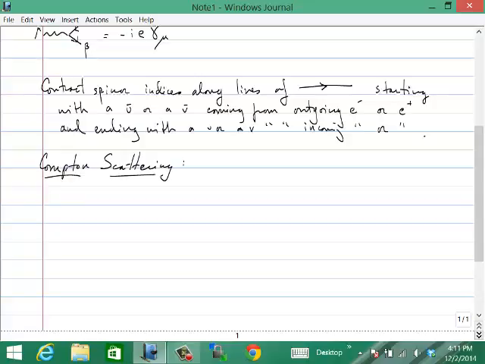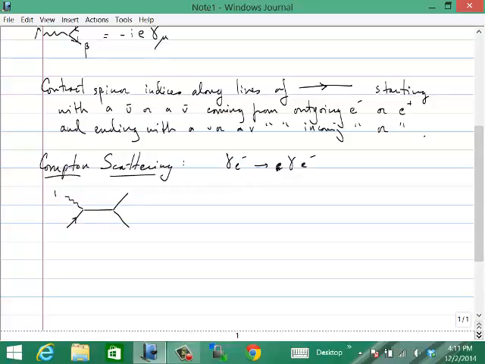This is one of the most famous processes in quantum electrodynamics. It's the scattering of a photon off of an electron. We're going to be working only at tree level to compute this at leading order. The sorts of diagrams that will contribute, well, this would be one of them.